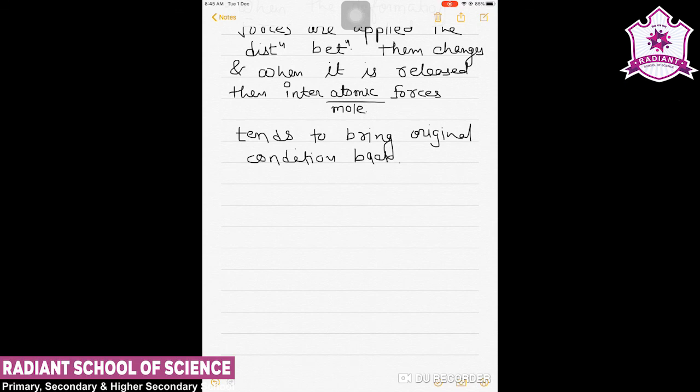Thus, the body regains its original shape and size.